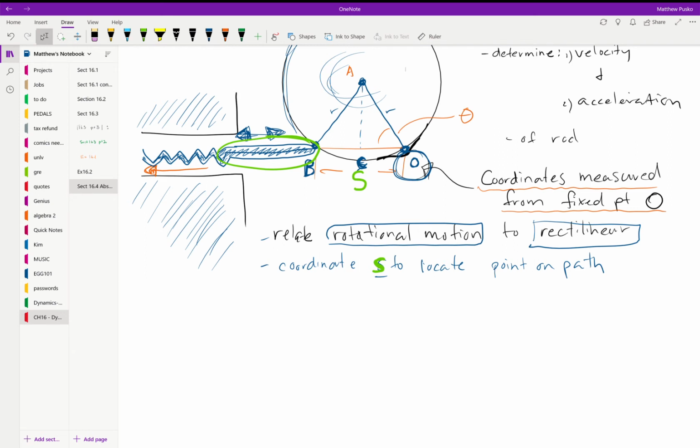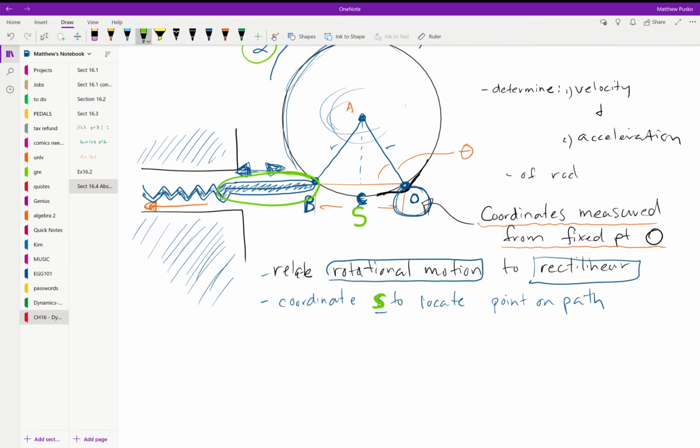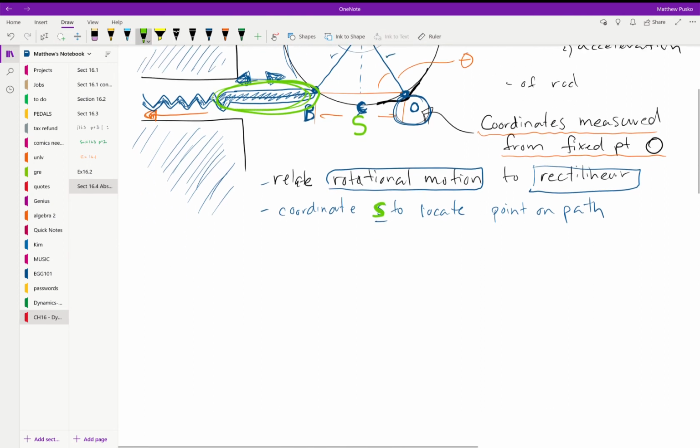So we can use a coordinate S to locate any point on the path. That S is going to be a function of theta, and then we can take derivatives. So let's do it. We want to find the velocity and acceleration of this rod right here.